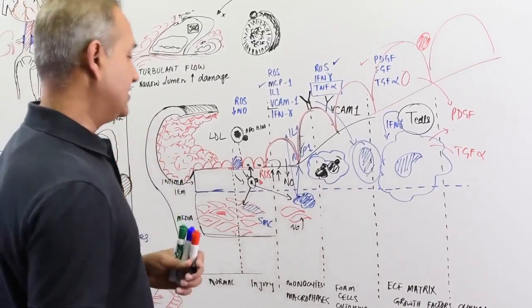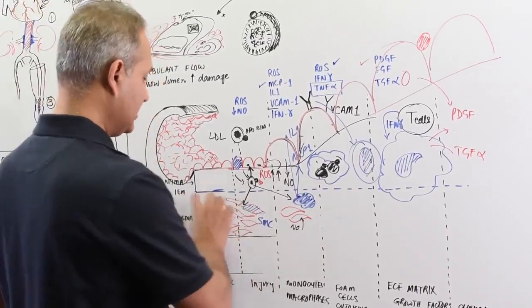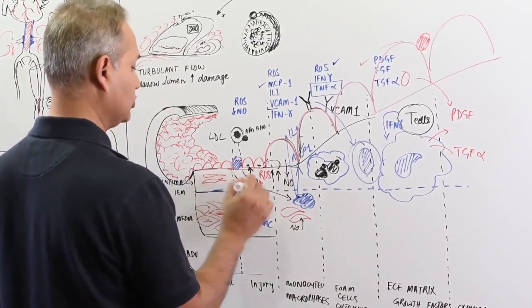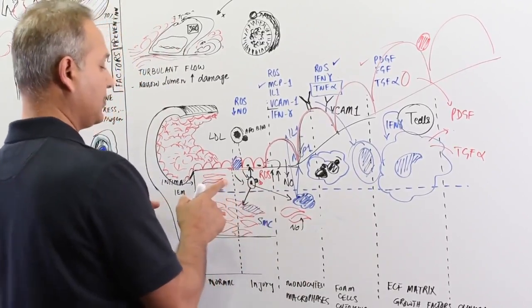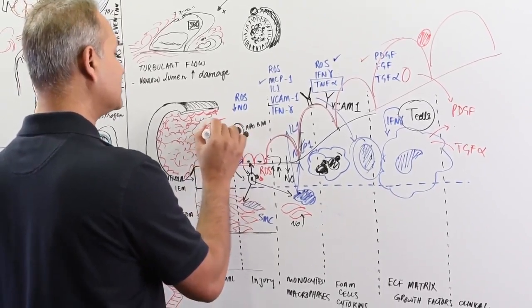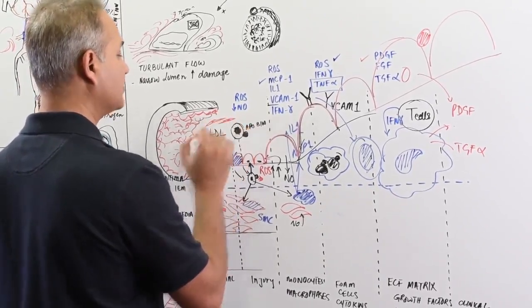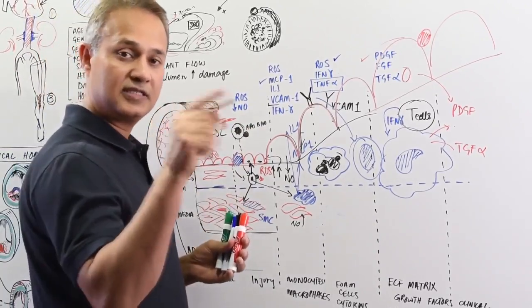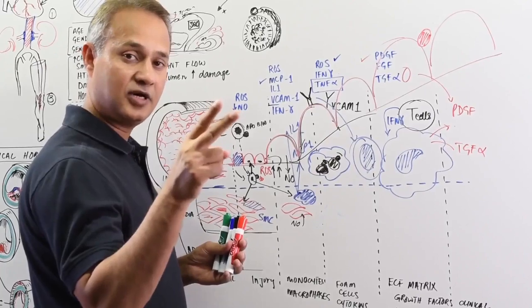Now which smooth muscle cells? There are smooth muscles present in the media, and in the intima as well. And there are smooth muscle cells, their precursors that are running around in the blood too. Three sources: inside the blood, in the intima, in the media.